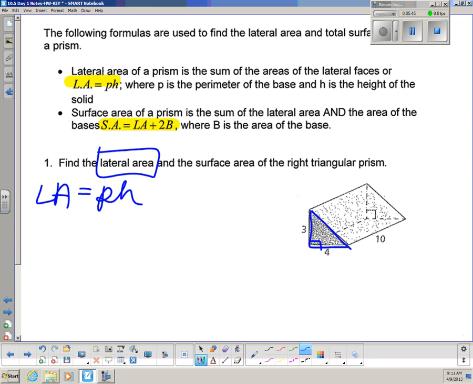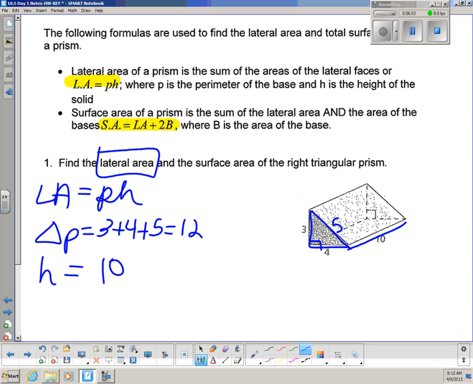We know that there's a right angle here, so if we know your triples, it's going to be a 3, 4, 5. So the perimeter of the actual triangular base, 3 plus 4 plus 5, which happens to be 12. The height of the solid is what goes from base to base, and that's going to be 10. So your lateral area is 12 times 10, or 120 units squared.